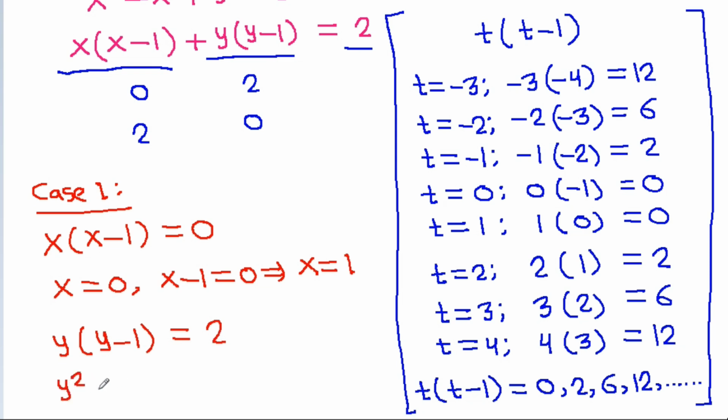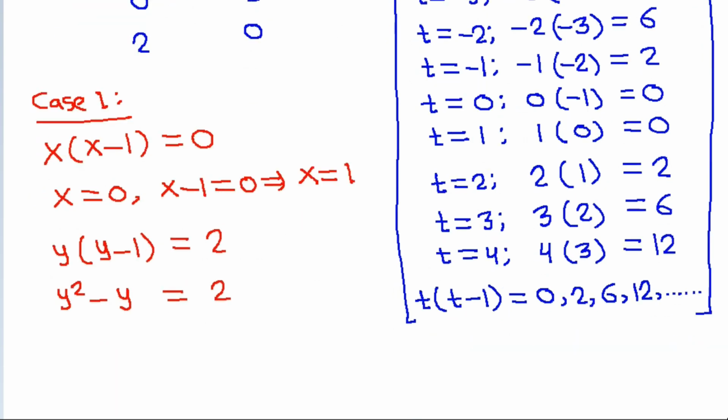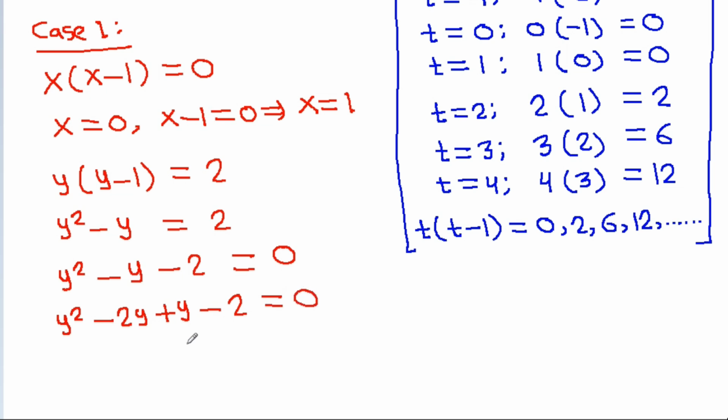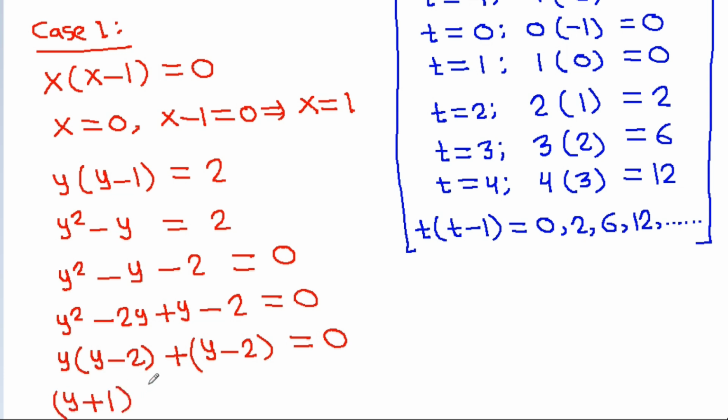and it is y square minus y is equal to 2, and it is y square minus y minus 2 is equal to 0, and y square minus 2y plus y minus 2 is 0, and it is y times y minus 2 plus y minus 2 is equal to 0, and it is y plus 1 times y minus 2 is equal to 0.